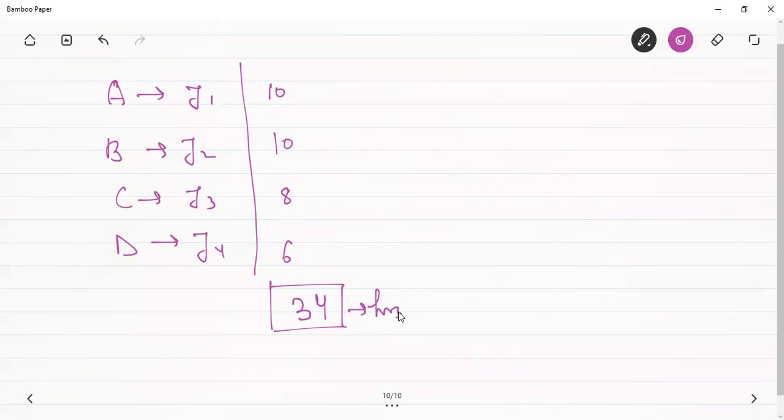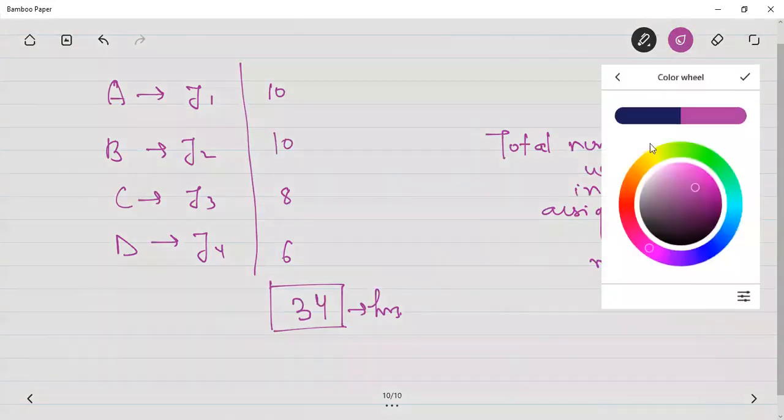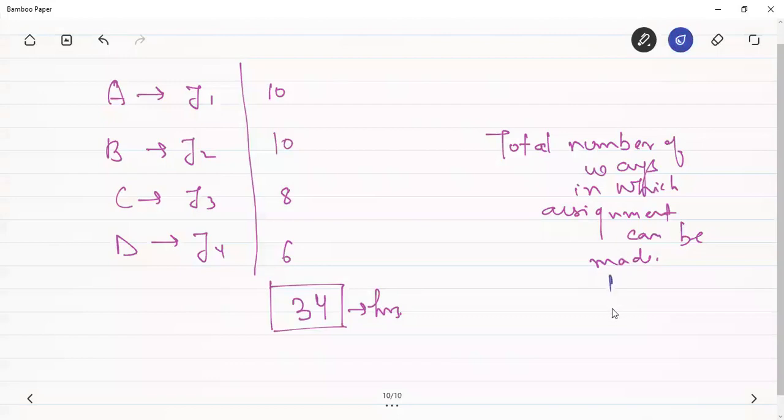Can anyone say what is the total number of ways by which assignment can be made? If the order of the matrix is n, the total number of ways in which assignment can be made, कोई मुझे बता सकता है? Can anyone say the total number of ways in which this assignment could have been made?